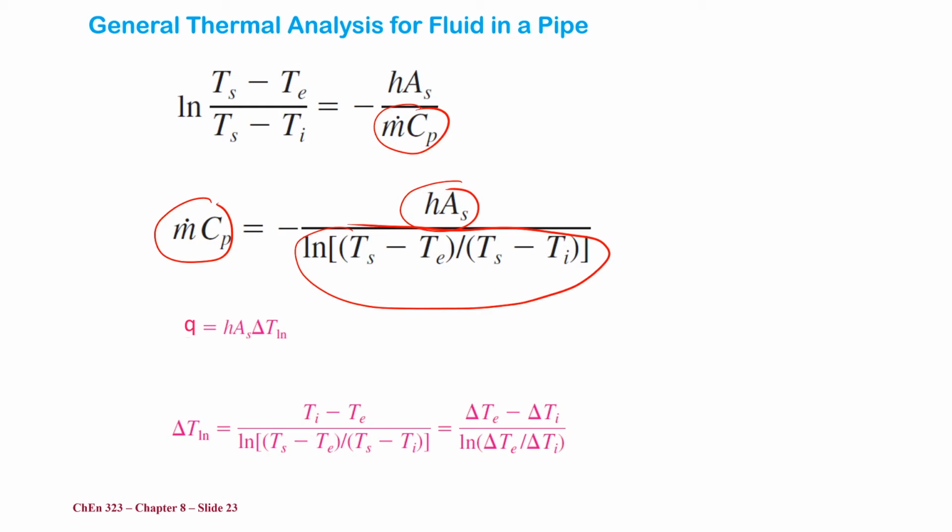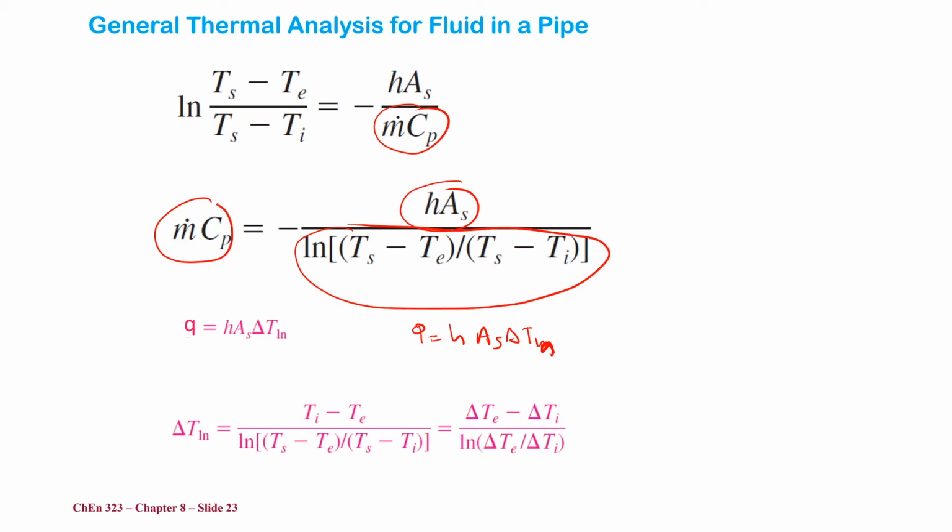And by definition, Q, the convective transfer, is equal to h As delta T log mean. So if we use this equality here, what is the delta T log mean based on this equality?